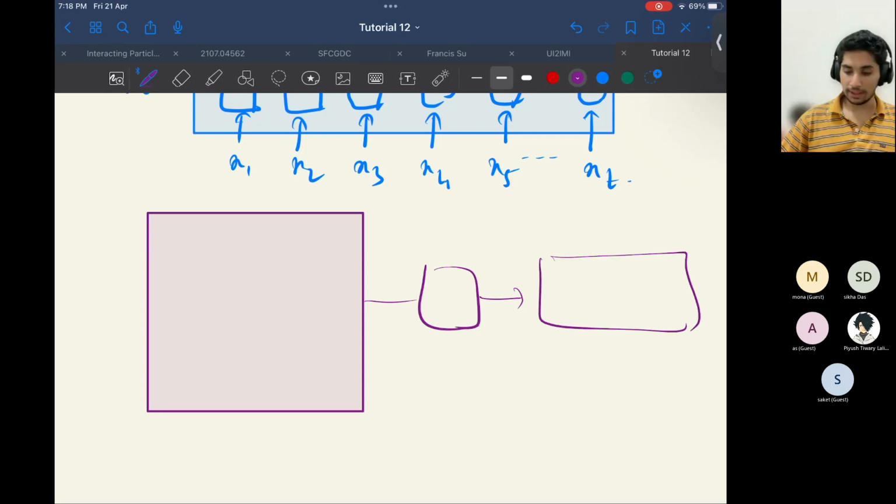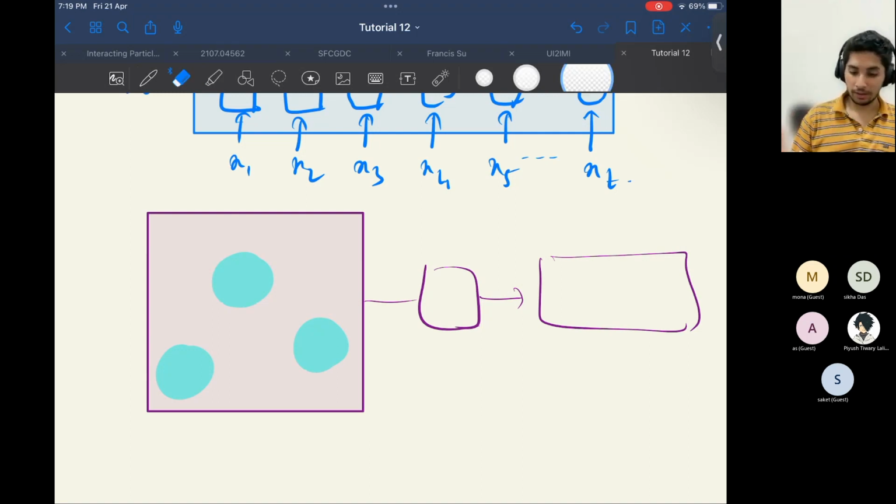How do I apply my attention here? I hope you will agree that in the case of images, the attention would be something like this: I need to focus at this part of the image, or this part of the image. How do I come up with that? That is the question here.